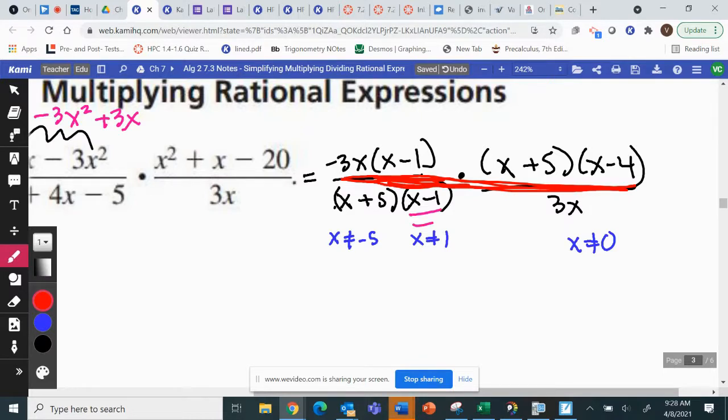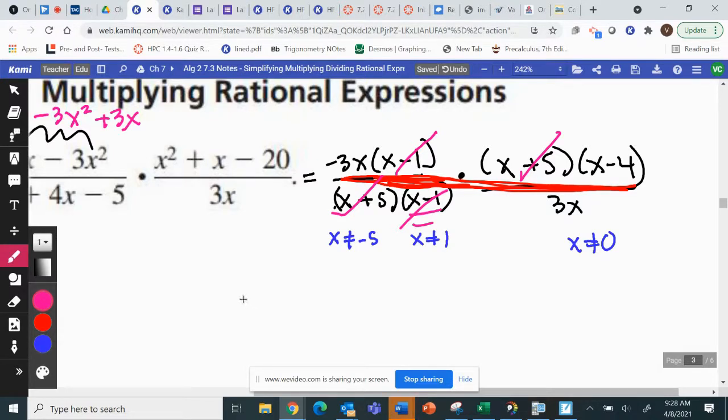All right, so I've multiplied them together. Now let's cancel. What can cancel? The x minus 1s. Anything else can cancel? Ooh, the x plus 5s. Anything else can cancel? So one of them's negative 3x, one of them's positive 3x.